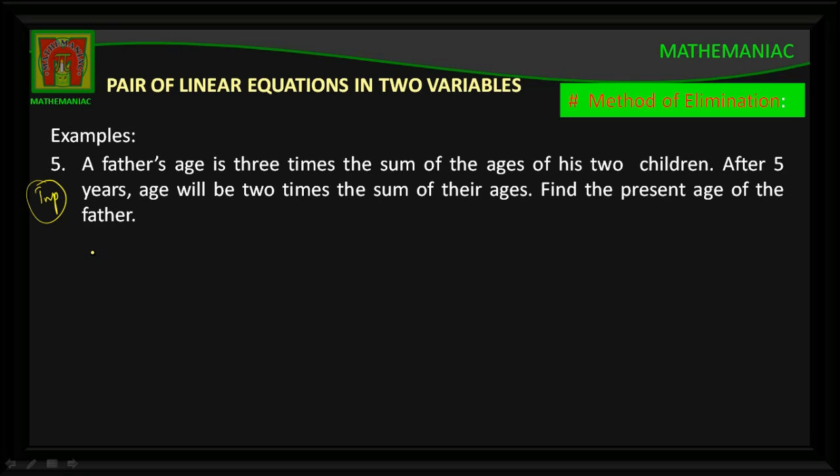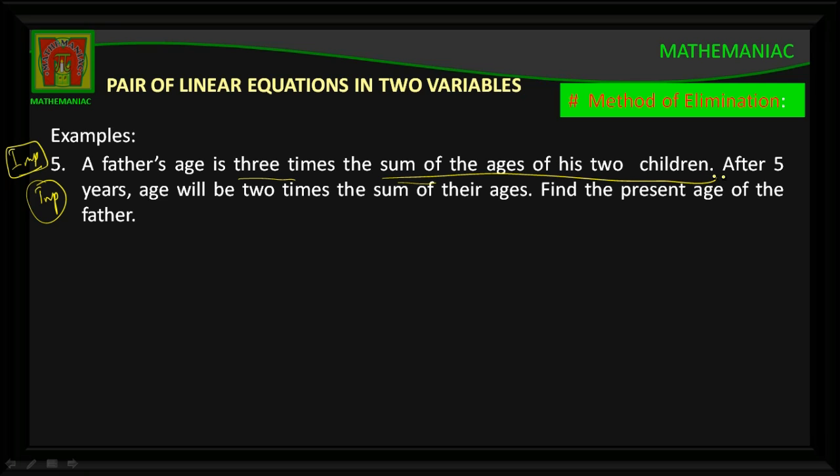Let's read the question. A father's age is three times the sum of the ages of his two children. Be very clear. I would like to mark this problem as an important one. A father's age is three times the sum of the ages of his two children.